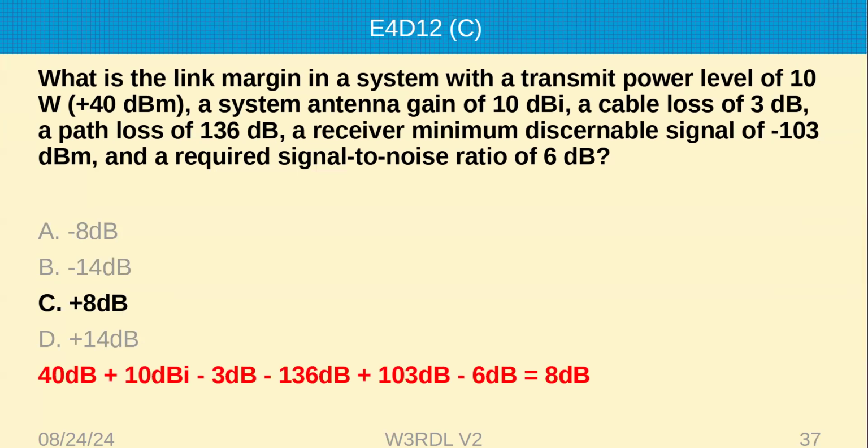We have to add the minimum discernible signal on the receiver as a positive. So if you subtract the negatives, it's positive. Yeah, so that was my question on what's negative, but if you minus a negative, you're adding. Because the 10 watts and the antenna gain are positive, and the receiver signal is basically positive. So all those other losses have to be subtracted from those.